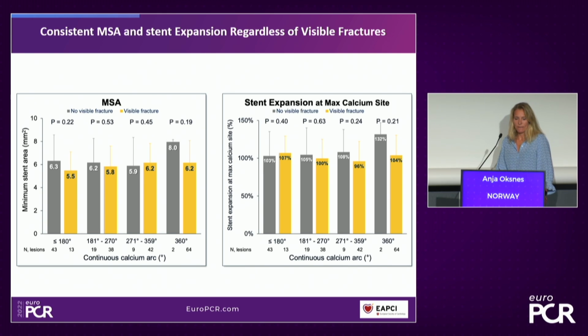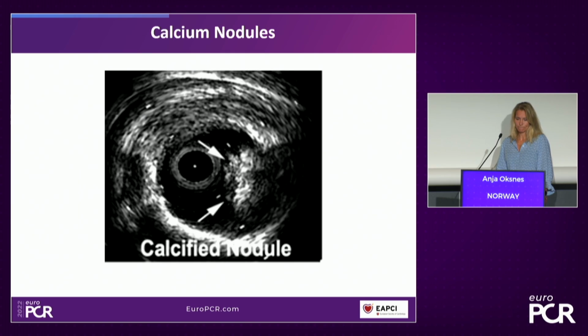But it showed that whether the calcium arc was concentric or eccentric, the MSA was the same and the stent expansion was the same. This is thought to be due to microfractures improving the compliance of the arterial wall. It has been shown by micro-CT, these microfractures that we don't really see in our intravascular imaging.